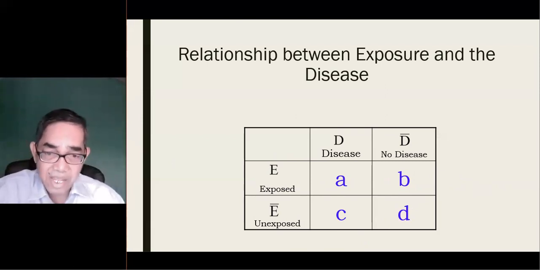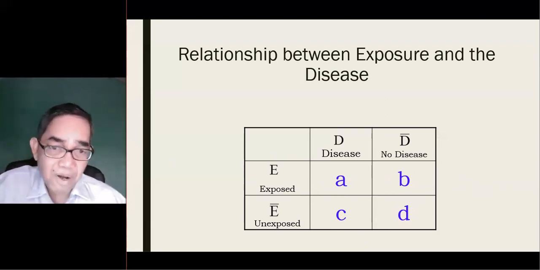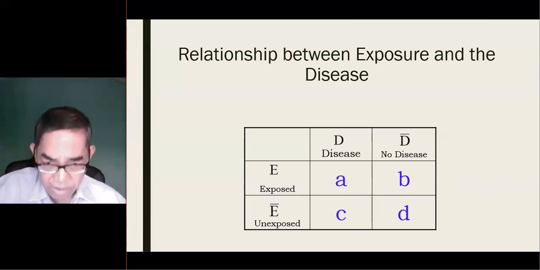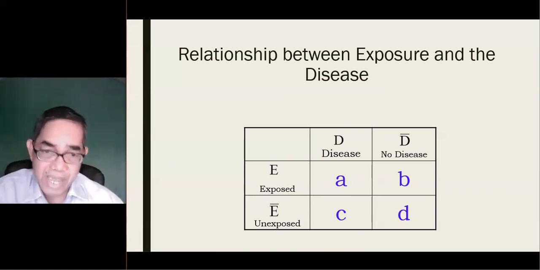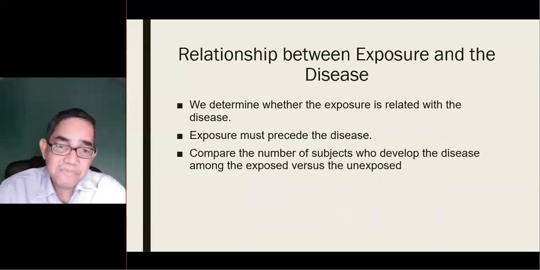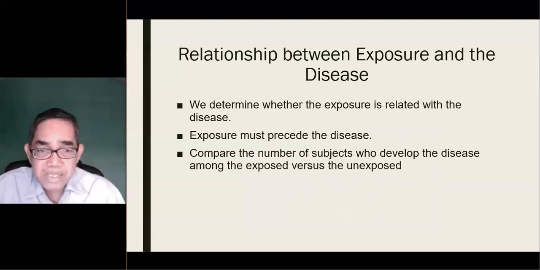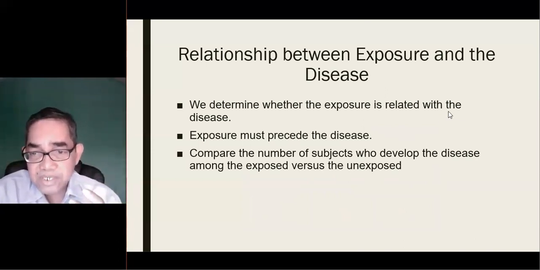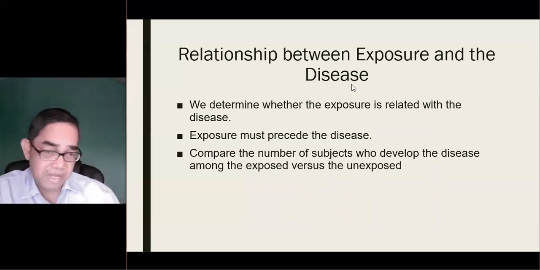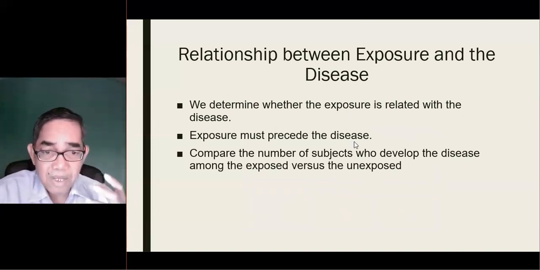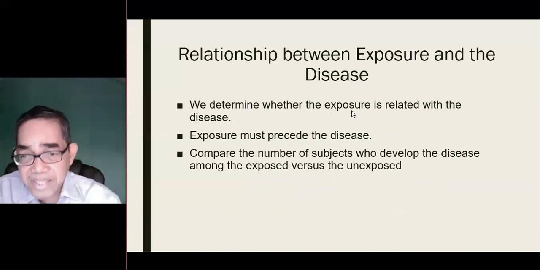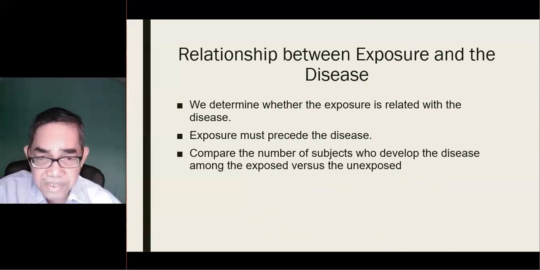Again, as I said, I would like you to be familiar with this table and know the meaning of this table, because we will be going back to it time and again. Okay, when we determine the relationship between the exposure, the independent variable, and the disease, the dependent variable, we determine whether the exposure is related with the disease.